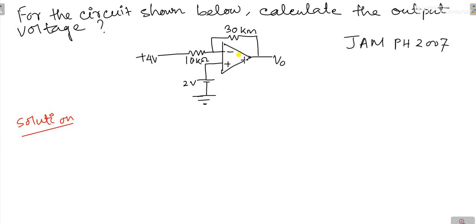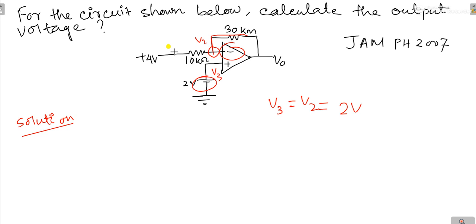Virtual ground means if there is a negative feedback, this is negative feedback, then the voltage at the non-inverting terminal will appear at the inverting terminal. Let this be V2, and let this be V3. Then V3 is equal to V2. This is the concept of virtual ground. We know that the V3 value is 2 volt.